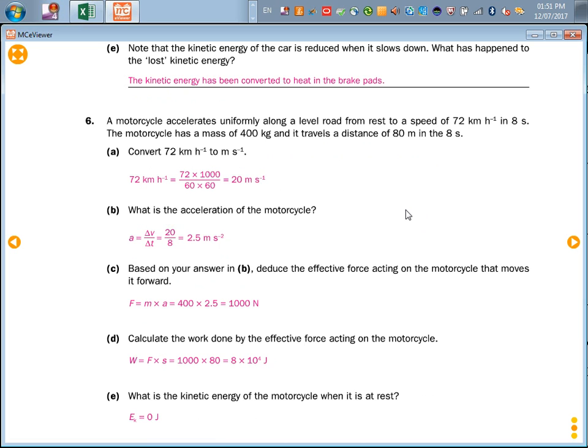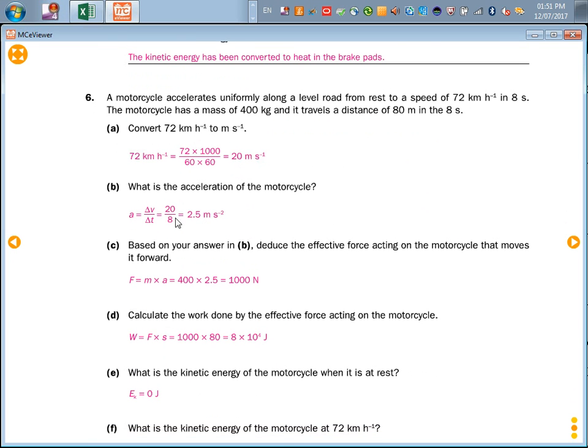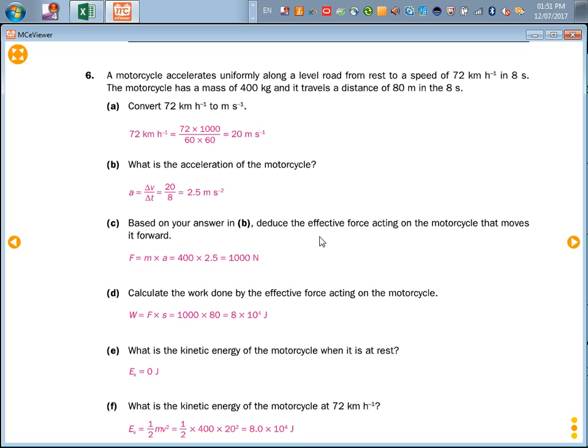Next, a motorcycle accelerates uniformly. Converting units, can do it. Acceleration is given by your final speed minus initial speed divided by time taken. 2.5 meters per second squared. Part C, we want the effective force, meaning we want the resultant force that is acting on the motorcycle.